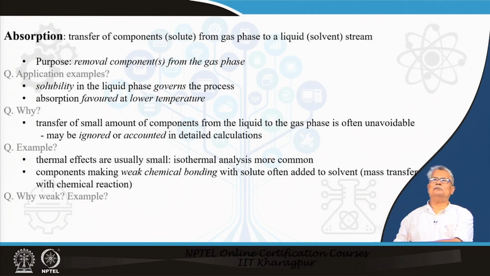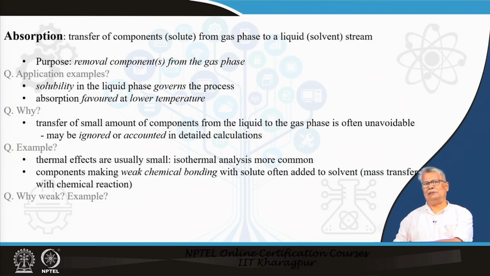Suppose I have ammonia mixed with air, and the ammonia is being removed by scrubbing with water. Ammonia has very high solubility in water. So what happens? We expect all the ammonia, or rather most of it, from the gas phase will definitely go to the liquid because it is highly soluble in water.